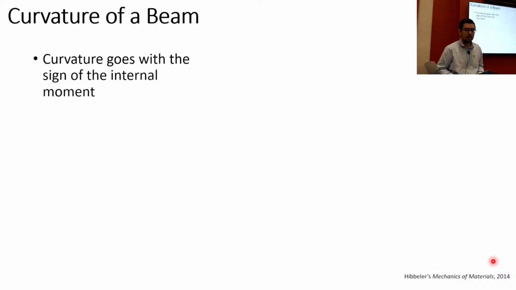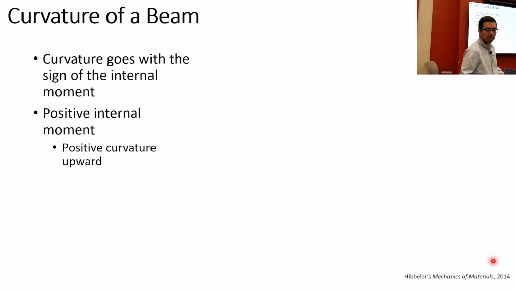Now, curvature is going to go with the sign of the moment. When I mean sign, not the S-I-N-E, but the S-I-G-N. We're just getting a qualitative intuition here. We're going to have equations in a minute, but just a qualitative intuition.